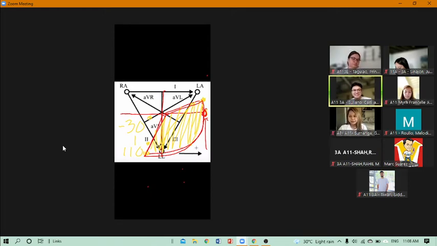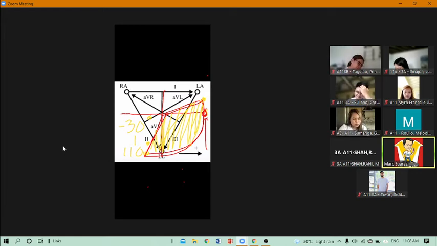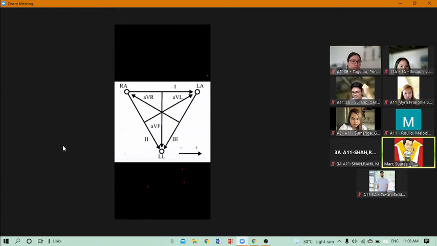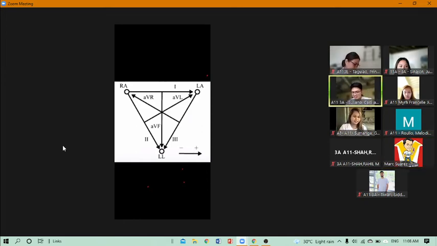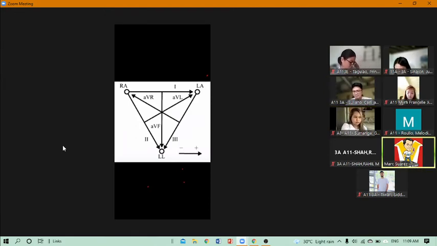Okay. What if there is an ST elevation in V1, V2, V3, and V4? So what does that tell us? What portion of the heart? If there is an ST depression in V1, ST depression is consistent with ischemic changes.